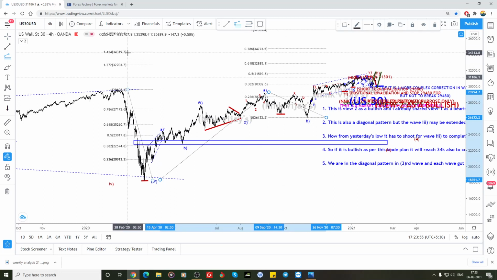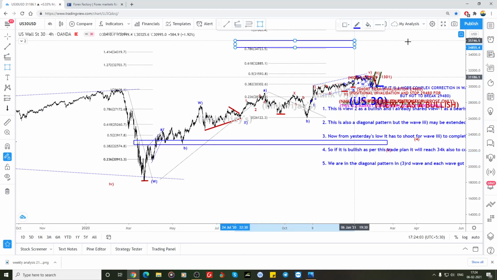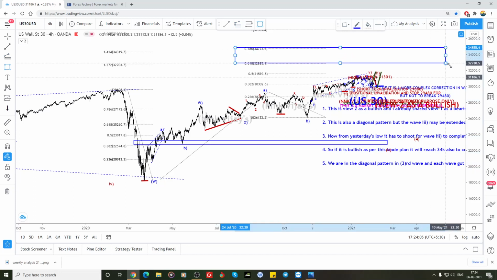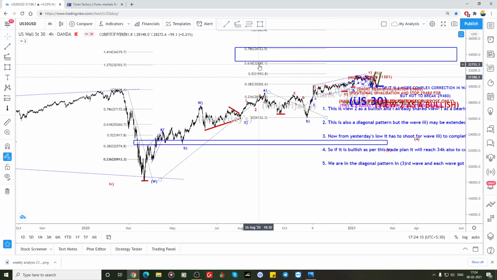Here 1.414 is also 34, and here is 34. So within this zone it has to get rejected. So mind that 32,900 to 34,900, within this 2000 zone.